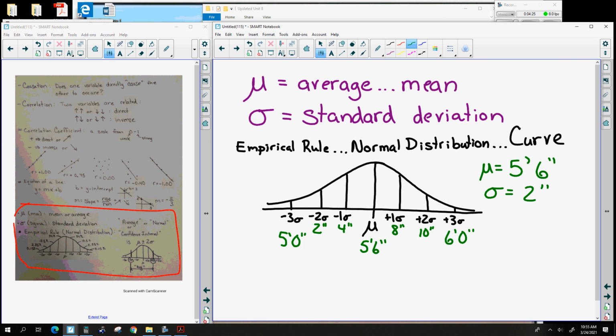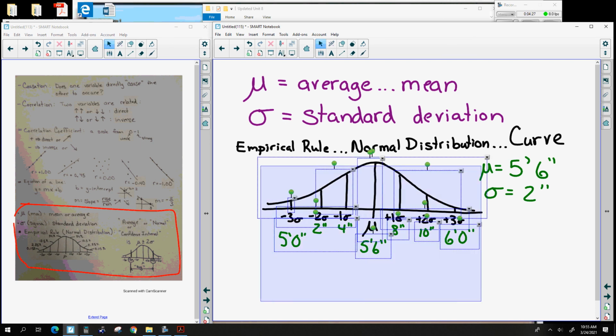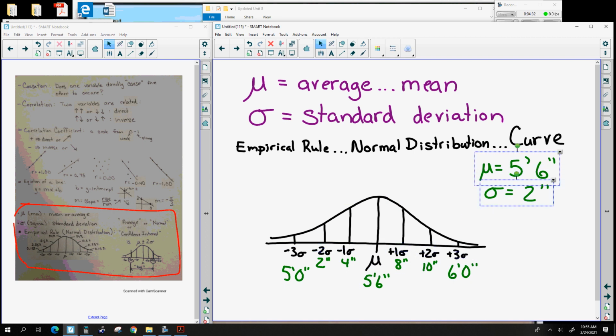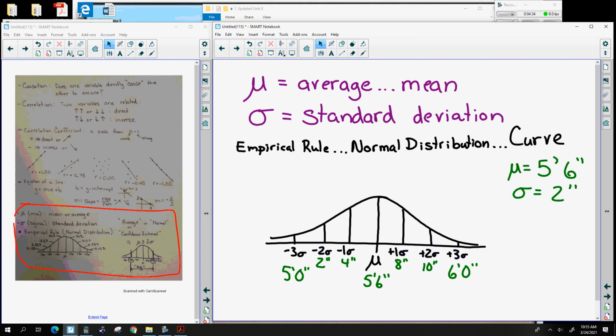Now, what is the empirical rule, and what's the really important part of this? The really important part is the percentages that fall into these bars. For instance, the first bar is 34% of the entire curve.